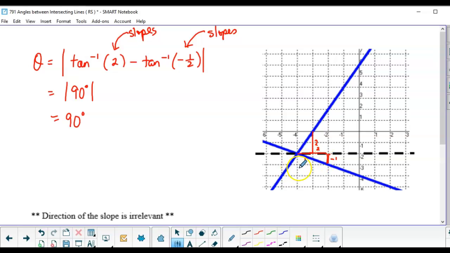Okay, so yes, you can do the two angles and add them together. You would keep that as a positive, but this formula will always work if you think about these ratios here as the slopes, right? Tan is opposite over adjacent, and opposite is always your rise, and adjacent's always your run.